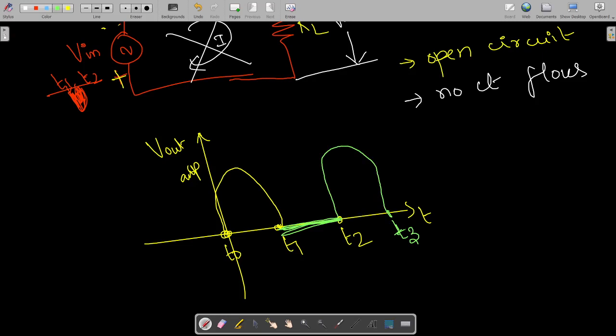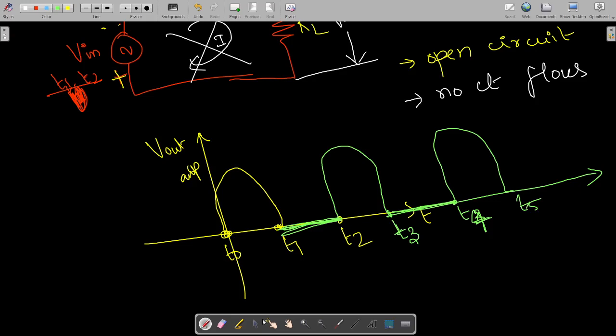Then from T3 to T4, once again at the input side the negative half cycle comes. That's why there will not be any current flow, so it is 0 like this. Then once again the positive half cycle comes like that. It is getting repeated.